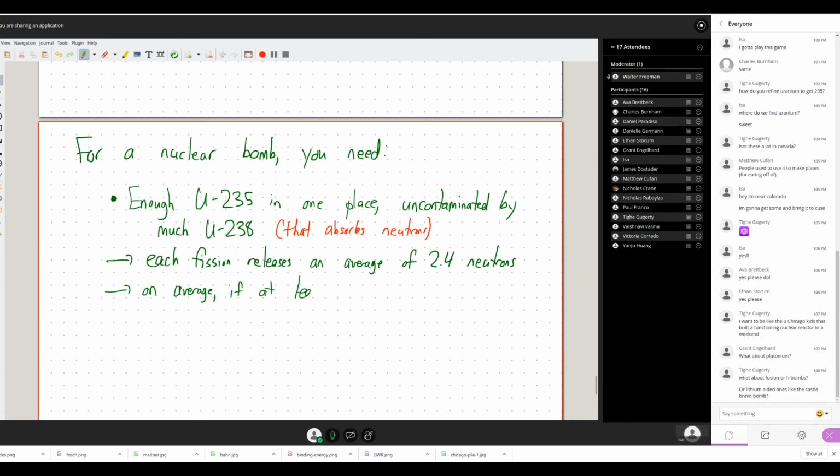If at least one of these causes another fission, then the reaction grows exponentially.